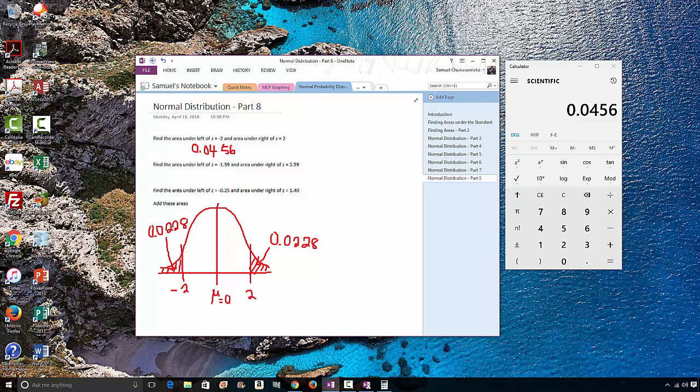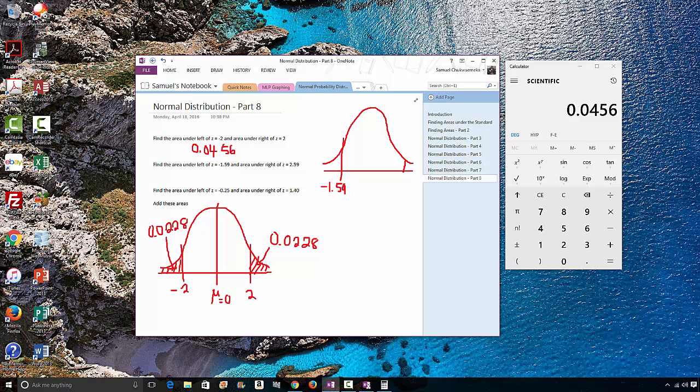Okay. Second question. Because you're asked to add these areas, the area under negative 1.59 should be around here, and then right is 2.59.